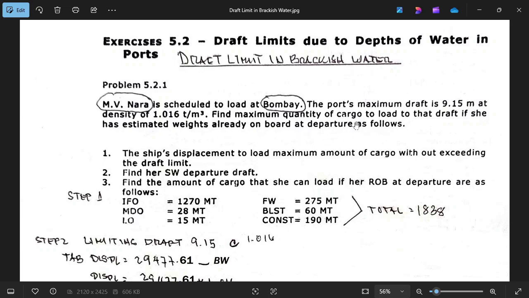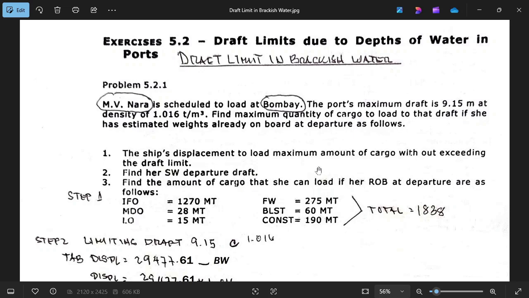Find the maximum quantity of cargo to load to the draft if she has estimated weights already on board at departure as follows. Number 1, the ship's displacement to load maximum amount of cargo without exceeding the draft limit of 9.15 meters. Find her saltwater draft at departure.